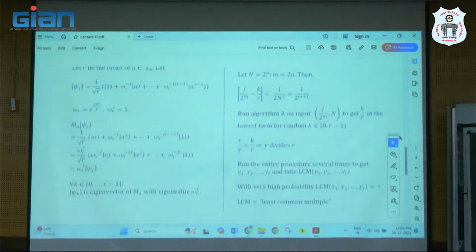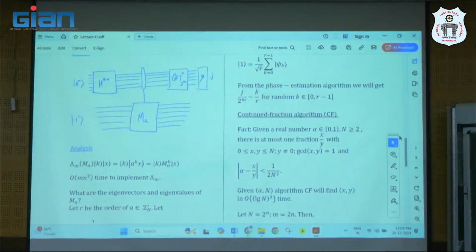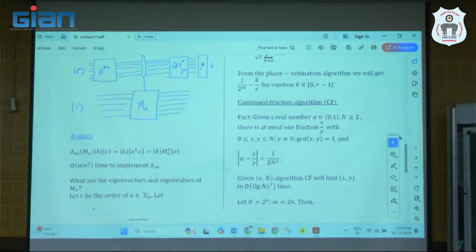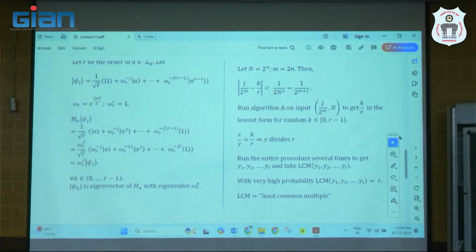So now what are the eigenvectors and eigenvalues of MA? Let r be the order of A. We found that this vector psi_j is an eigenvector of MA with eigenvalue omega_r^j. Why is it like that?